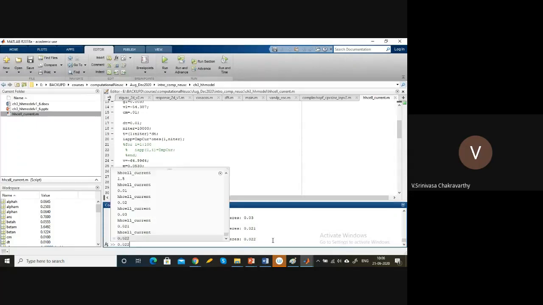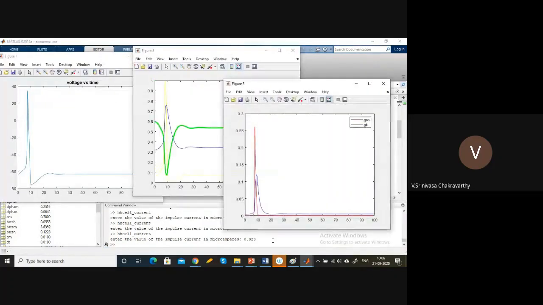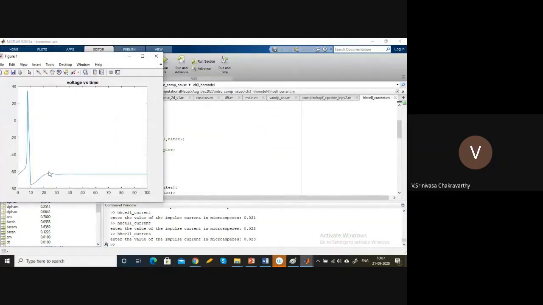Now let us say 0.023. Just by increasing something at the third decimal, you have an action potential. From 0.022 to 0.023, suddenly you see a sharp change. Normally in linear systems you don't see this kind of behavior.